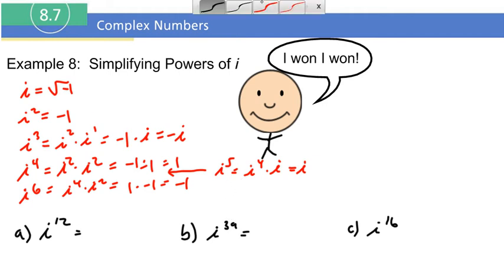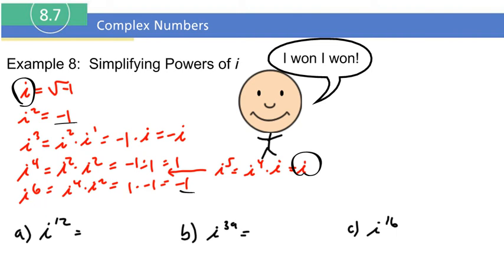I'll try to make this clear. So we have i squared, i cubed, and i to the 4th. So it's i, then -1, -i, and then 1. Then look right here. We started with i, and when we get to the power of 5, it goes back to i. If you do i squared, you get -1, and then i to the power 6 is -1.